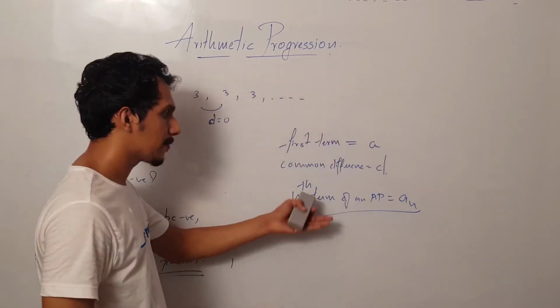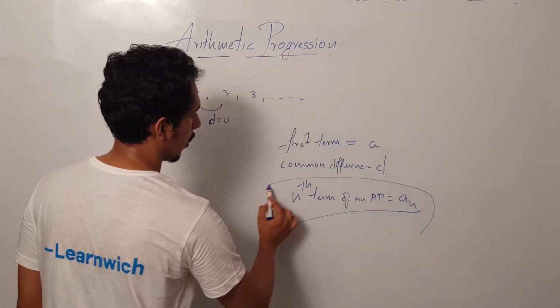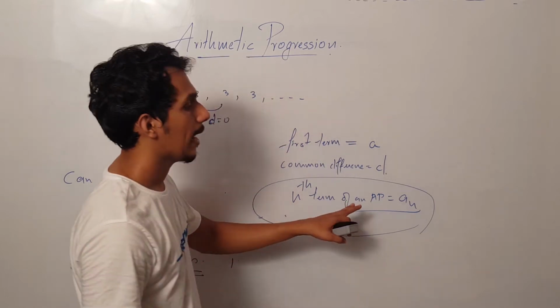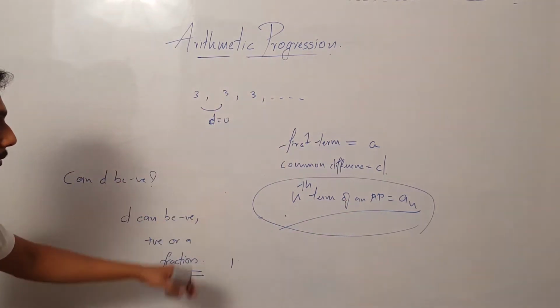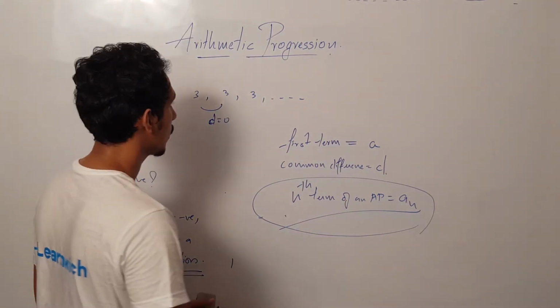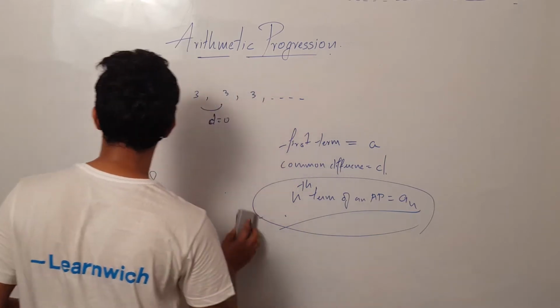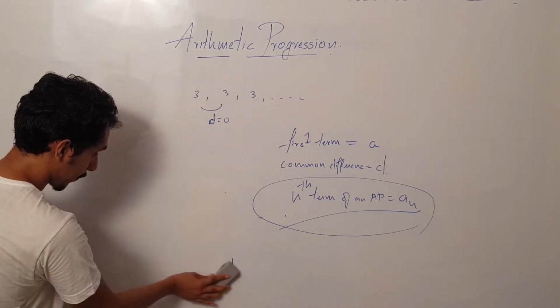Okay, so next we will discuss how to find the nth term of an AP, that is AN. Please take your time to note all these. So we'll move to finding the nth term of an AP.